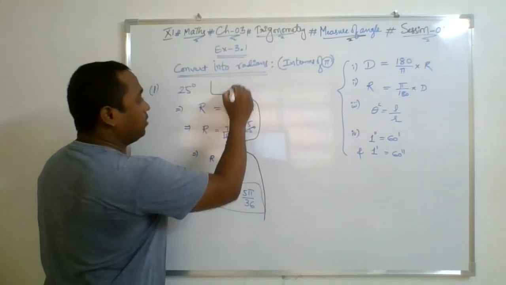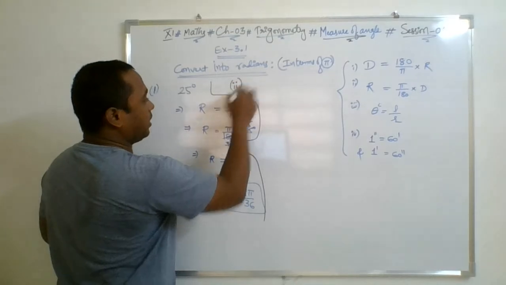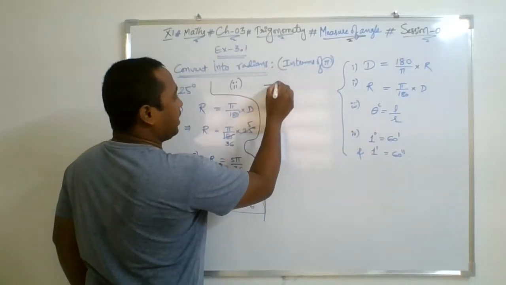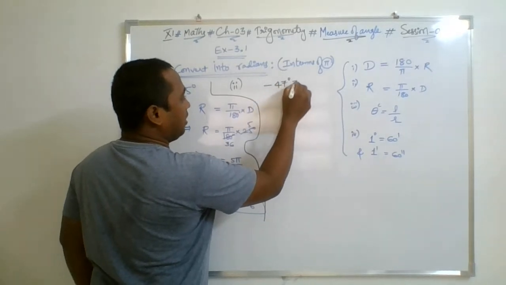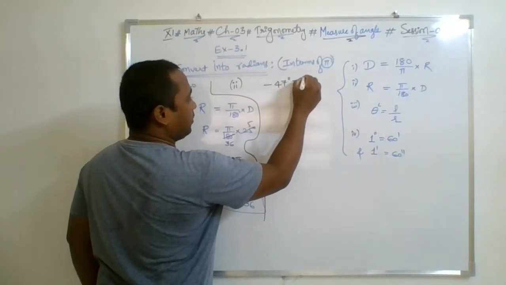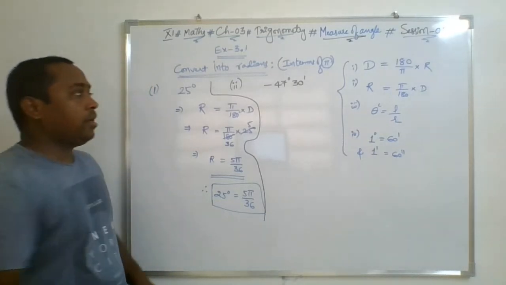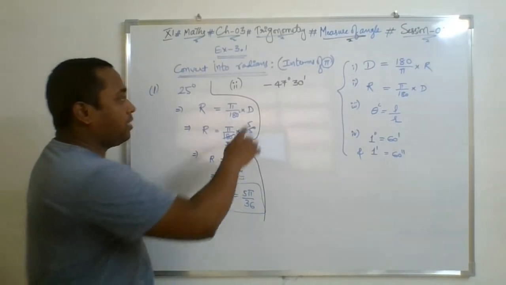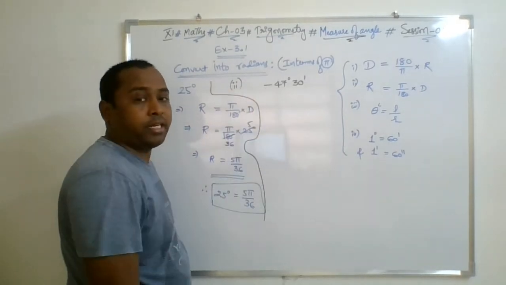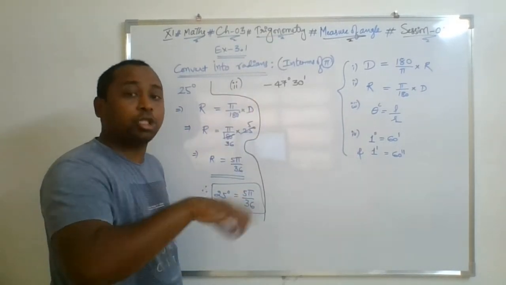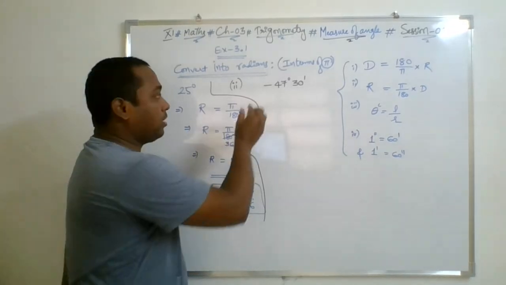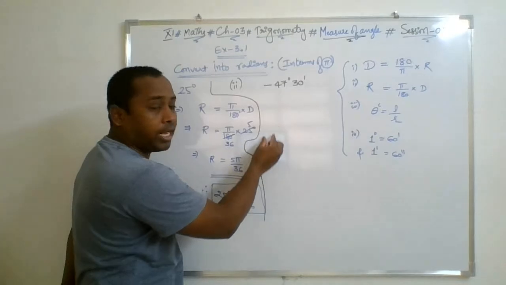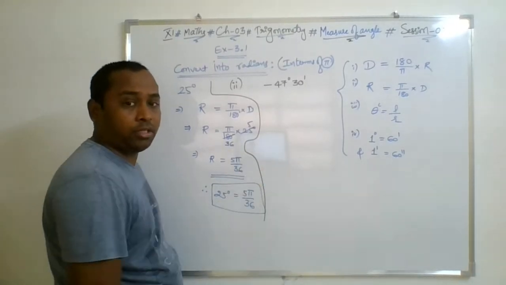It's so important to understand the second question: minus 47 degree 30 minutes. Now look at this question, you will understand so many things. This negative sign represents the direction of the angle, so nothing to do with this sign. Just carry this negative sign as it is in the calculation.